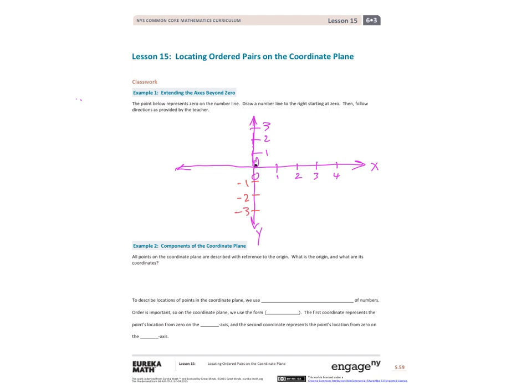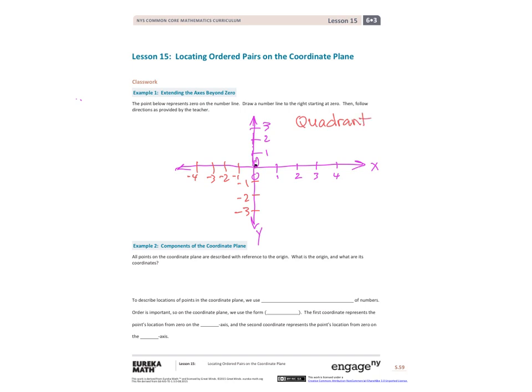I think about going underwater. And then if I go this direction, like when you did the vertical number lines, this is -1, -2, -3, -4.